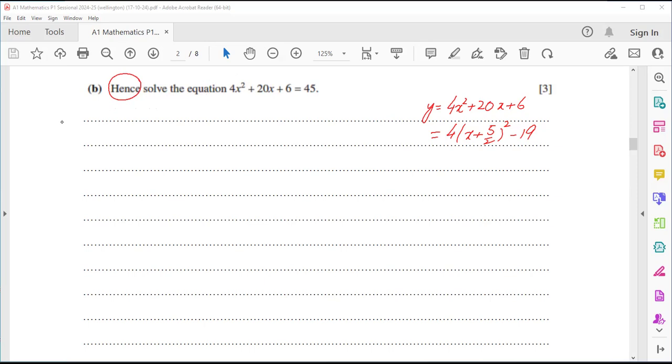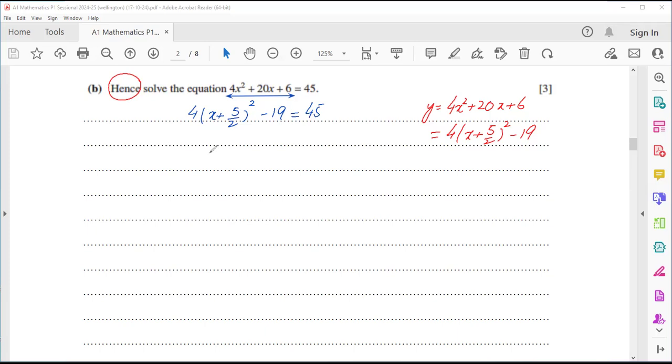So you have to use this method. This equation becomes 4 times x plus 5 by 2 whole square minus 19 is equal to 45.